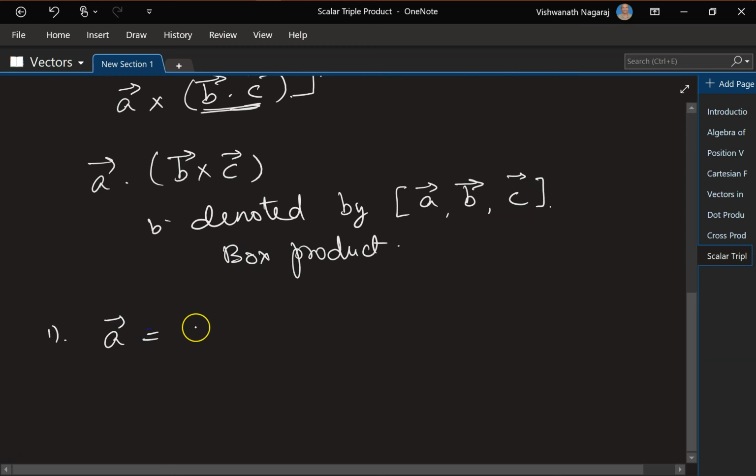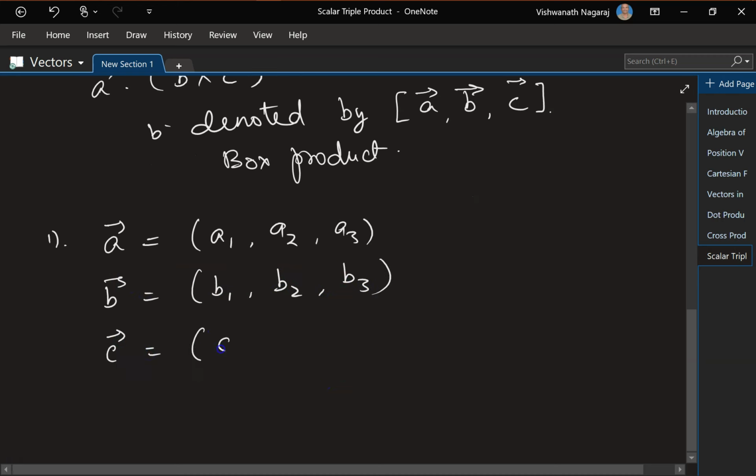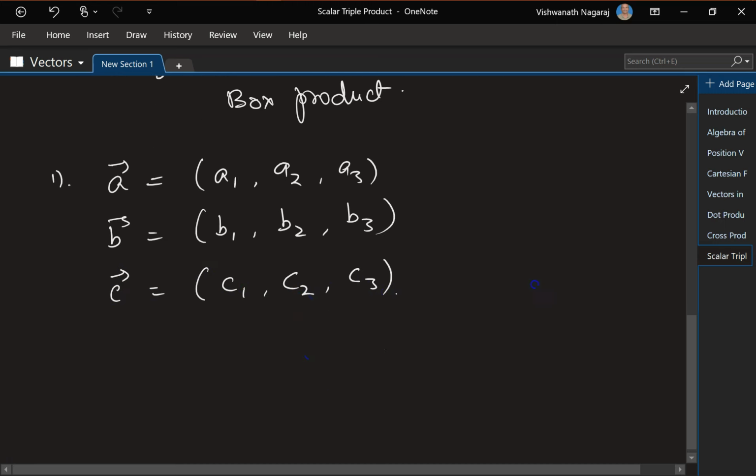Let's say vector A is A1, A2, A3. Vector B is B1, B2, B3. And vector C is C1, C2, C3.